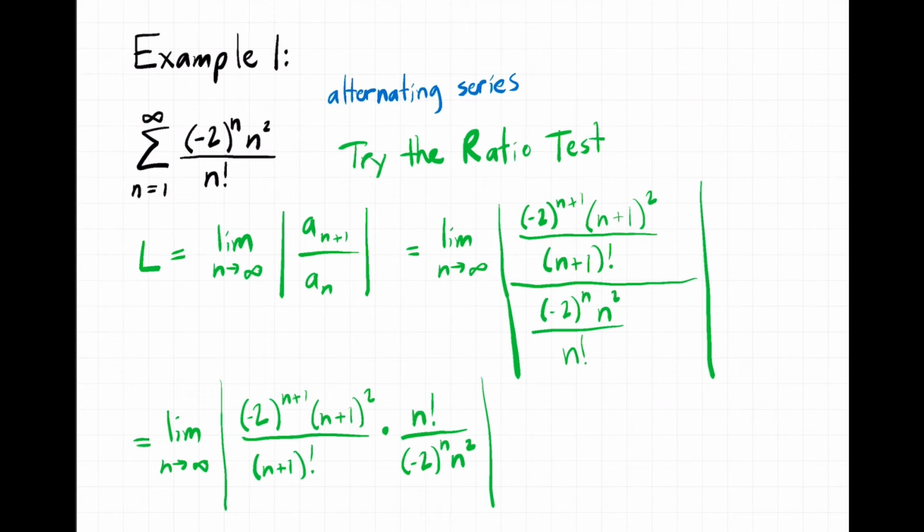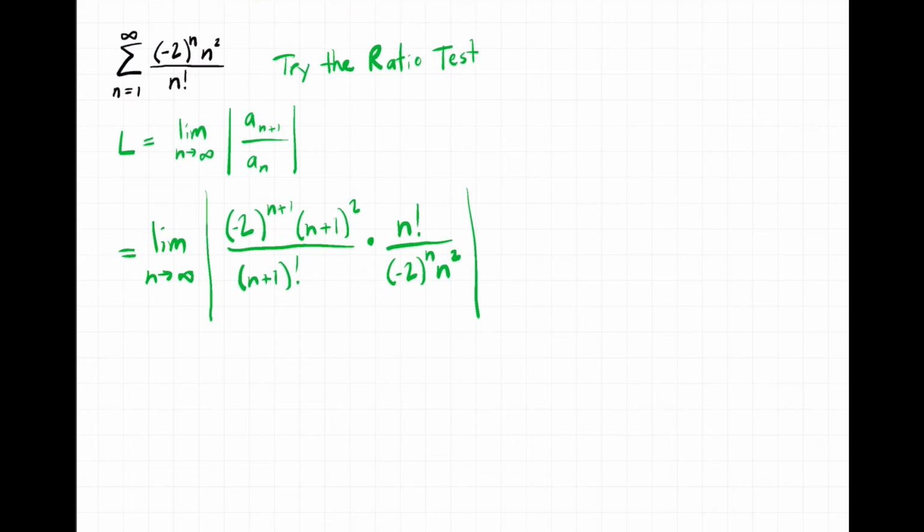So let's try to simplify this and actually compute this limit. So I made a little space here. What we need to do now is realize, well, we're multiplying two fractions. That means that we're multiplying all the things on the top, and we're also multiplying all the things on the bottom. And we can rearrange the order of those things any way we want to. What I'm going to do is group factors of the top and factors of the bottom that are related.